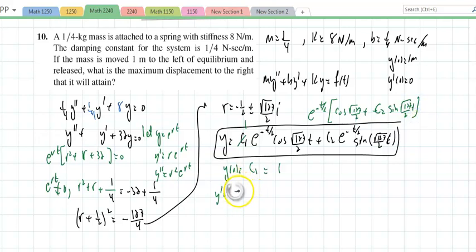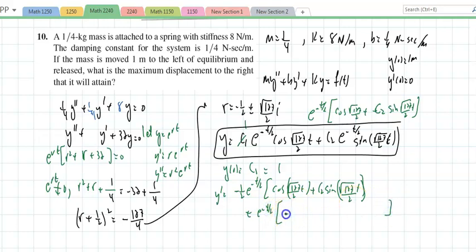Derivative of the first times the second, plus the first times the derivative of the second. That's negative square root of 127 over 2 sine of square root of 127 over 2 t.